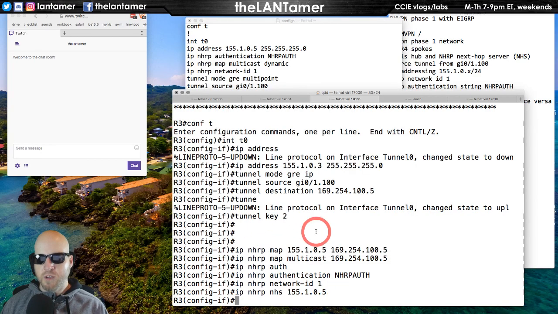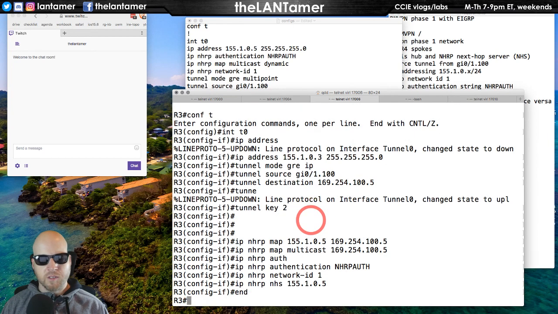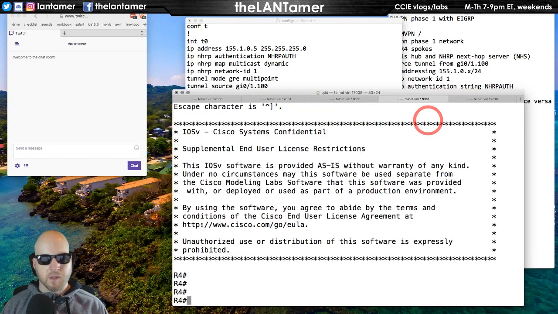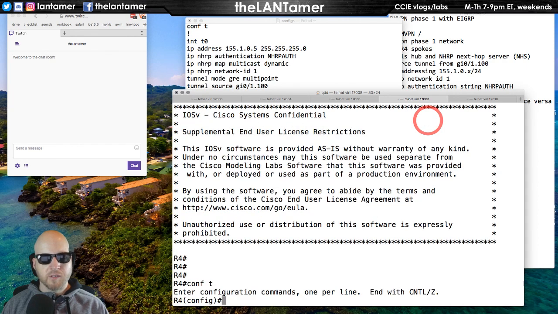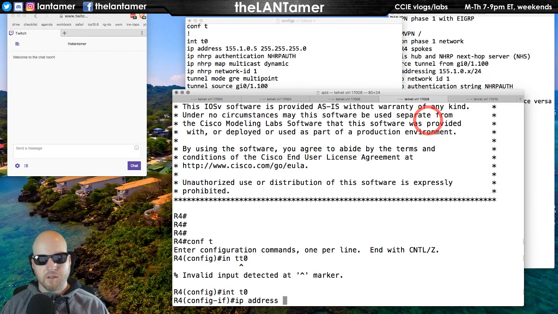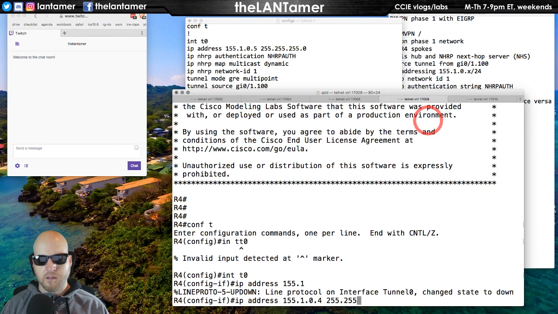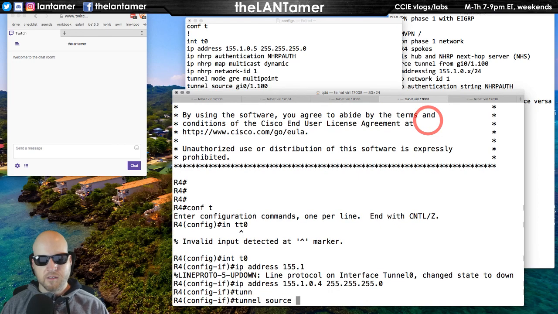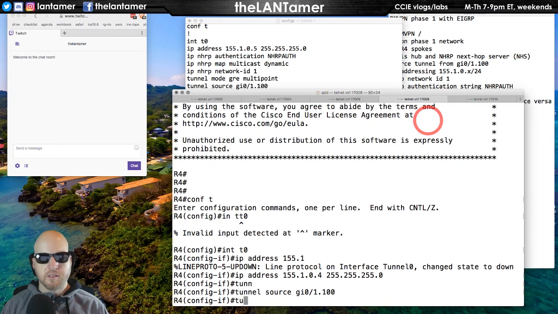At least we're not doing DMVPN tonight, just because, as I mentioned, we want to do some captures, right? All right, let's do router 4. More practice. Configure terminal, interface T0. Tunnel source, tunnel destination.